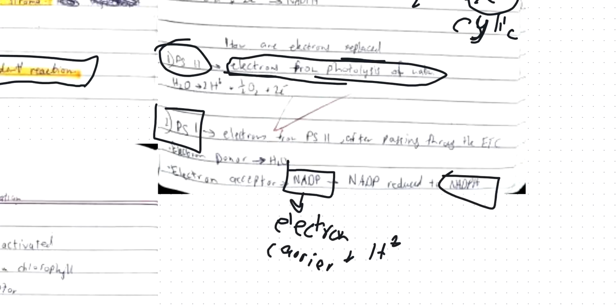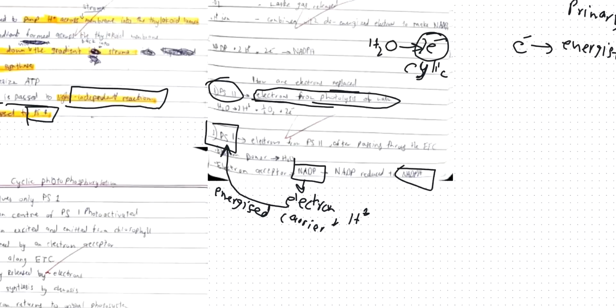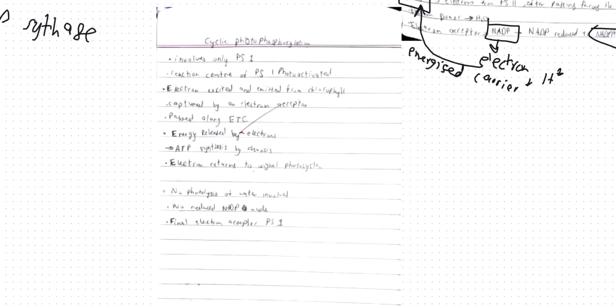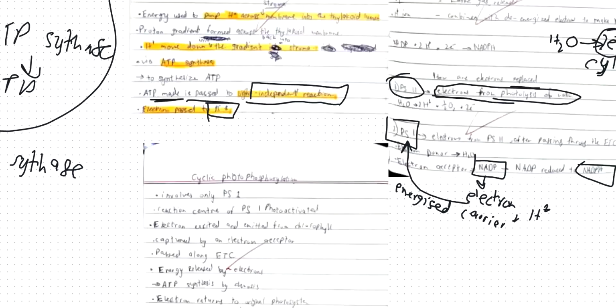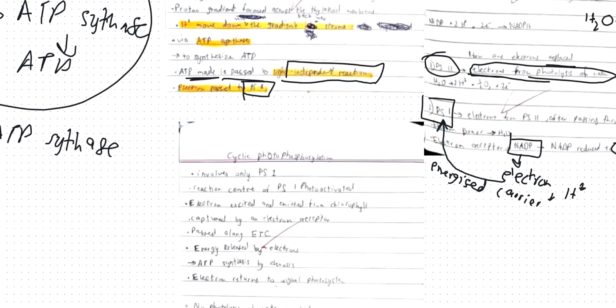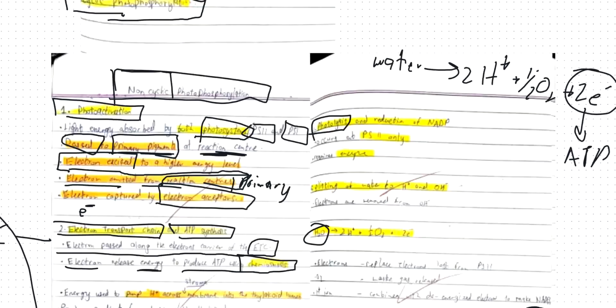So the electron is taken by NADP, and then it goes to the photosystem where it gets energized. These are the ways electrons get replaced or recycled. So this was cyclic photophosphorylation. This right here, all of this, is non-cyclic photophosphorylation.